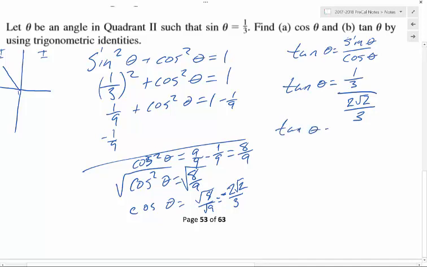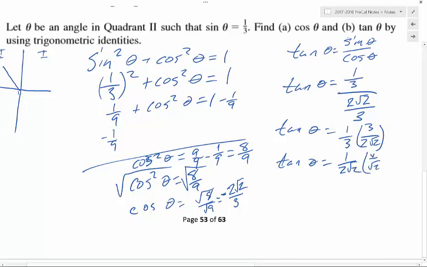So what that gets me is 1 over 3 times 3 over 2 times the square root of 2. My 3's cancel. Tangent of theta is 1 over 2 times the square root of 2.